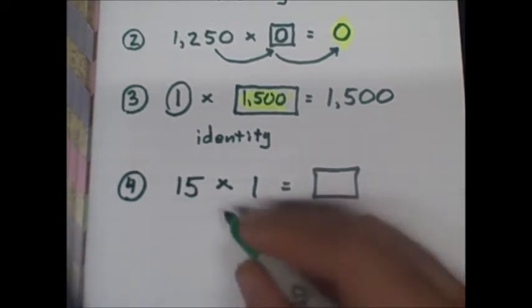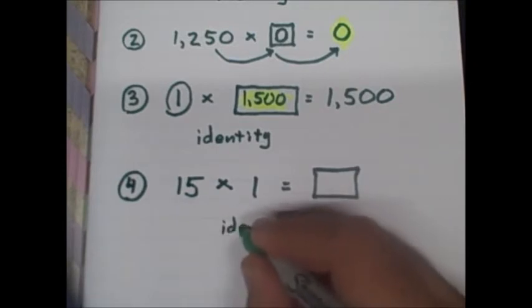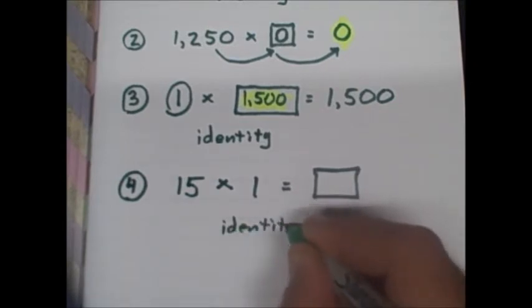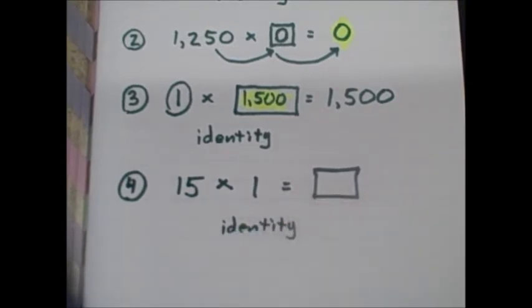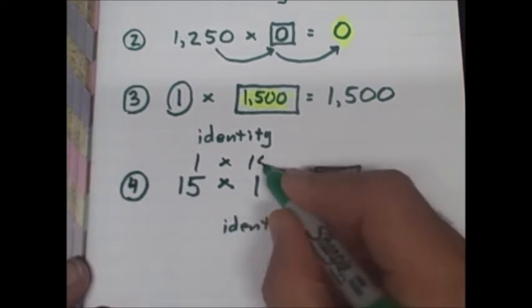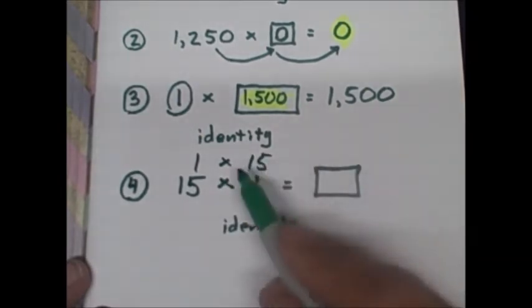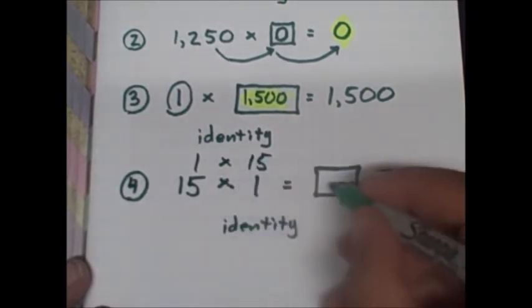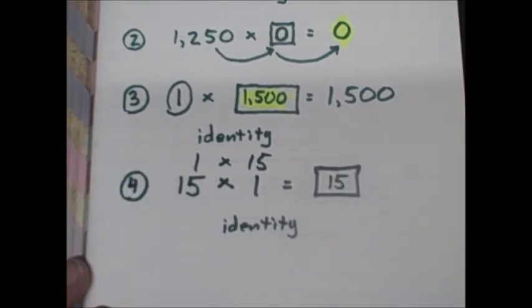Clearly, this is another example of the identity property of multiplication, because we have 15 groups of 1, or one group of 15. And either way you look at it, it's going to give you a product of 15.